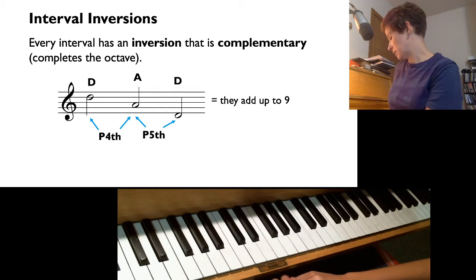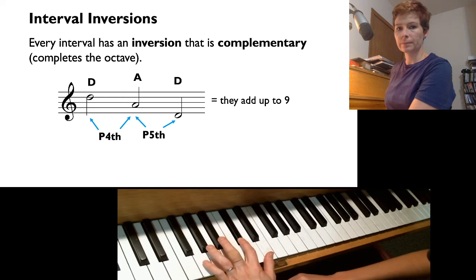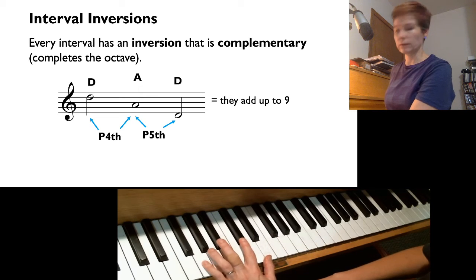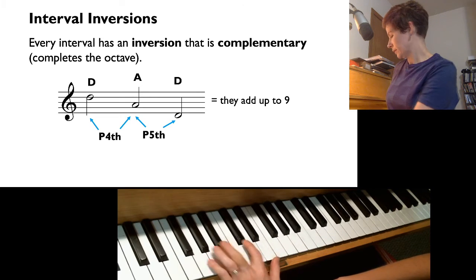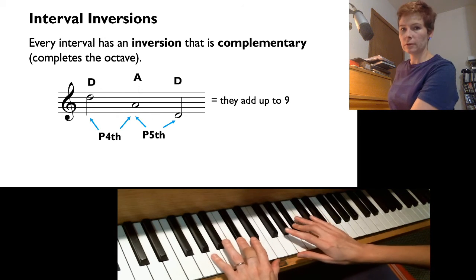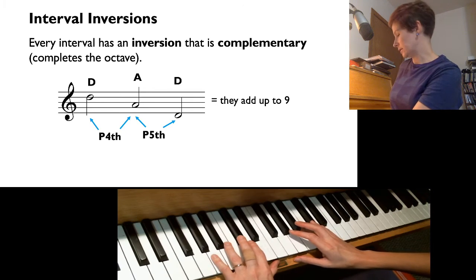And this is true of any 2 interval inversions. So, for example, say I go from B flat to D flat. Because it's a B to a D, B, C, D, it must be some kind of third. From a D flat to the B flat above that completes the octave, and that goes a total of 6 lines and spaces.